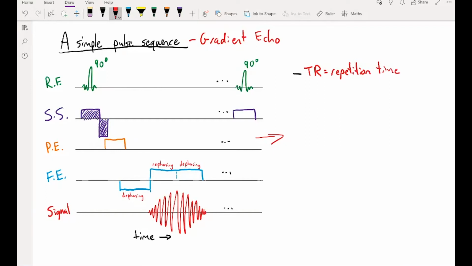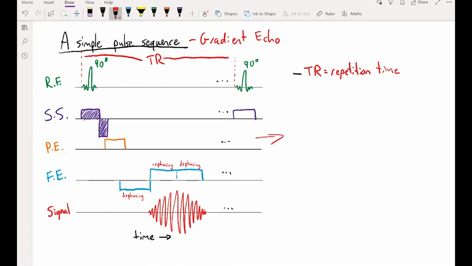You start working with the magnetization vector again. So that would essentially be from the start of this pulse to the start of that pulse. That is our TR. And this is a key parameter that we mess around with in order to get different contrasts from tissues, which we'll dig into possibly at the end of this session and definitely next session when we're talking about how this is all actually used in actual MRI sequences.